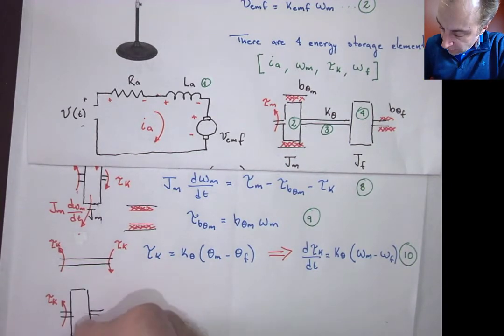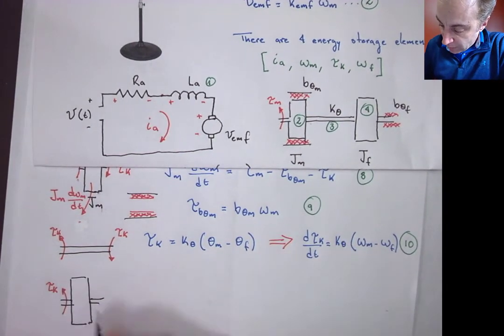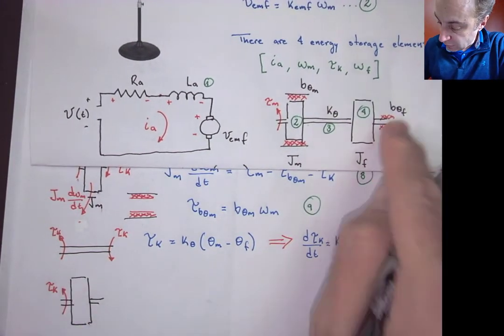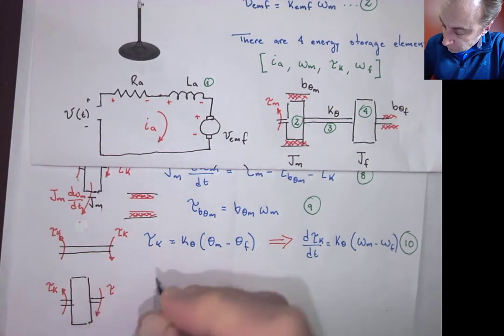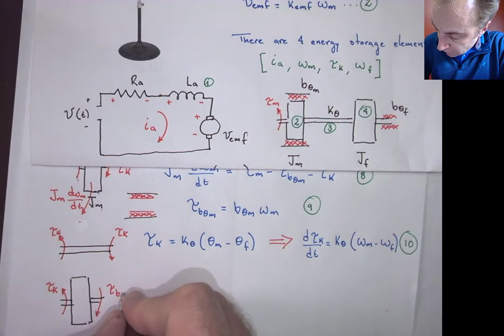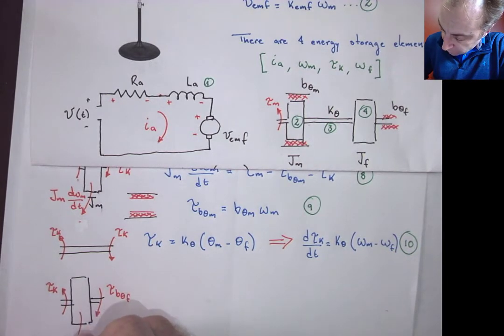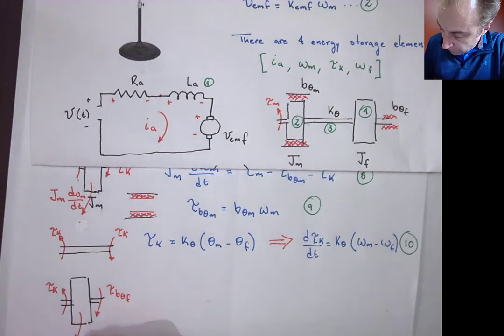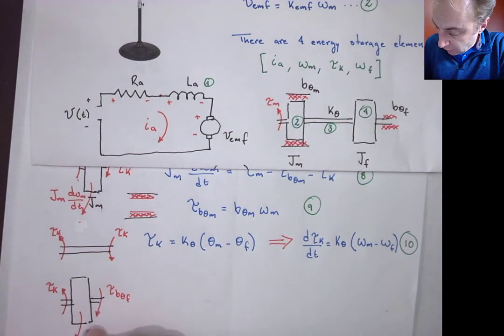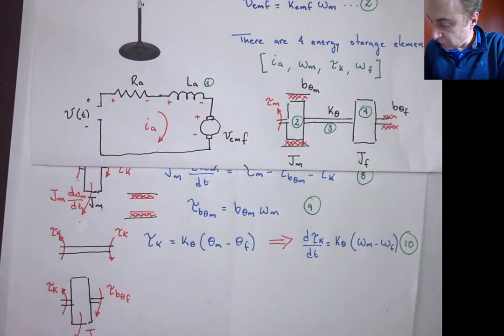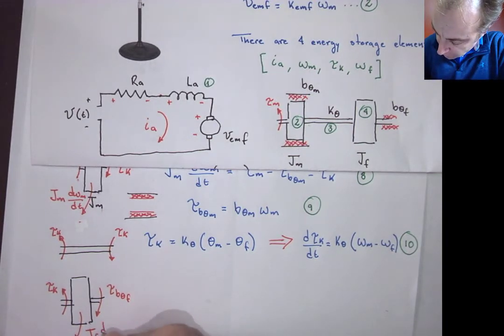Then we have the torques counteracting that, which is going to be friction, tau b theta f, and also the inertial moment, jf times d omega f dt.